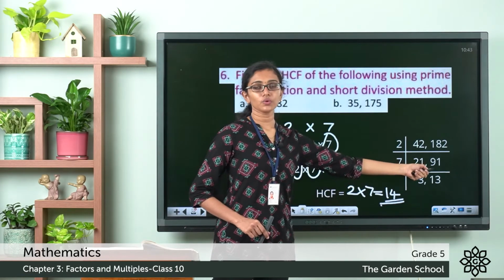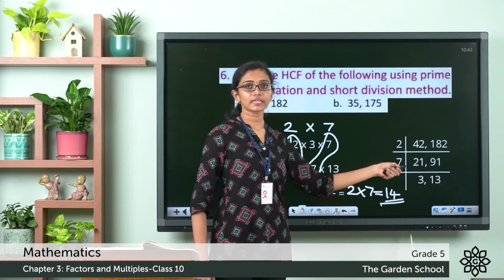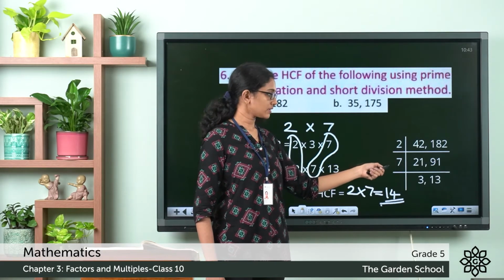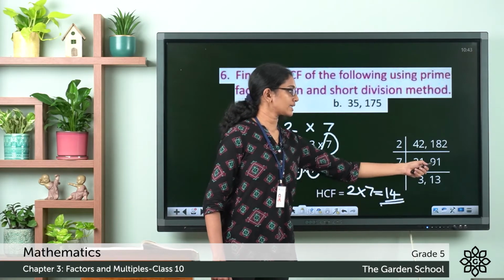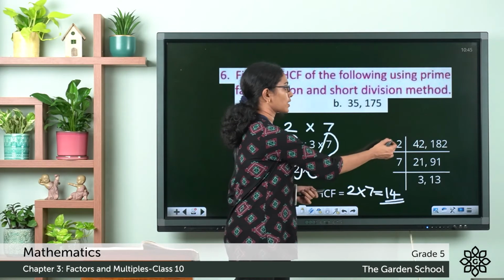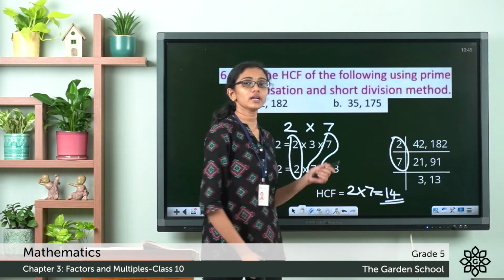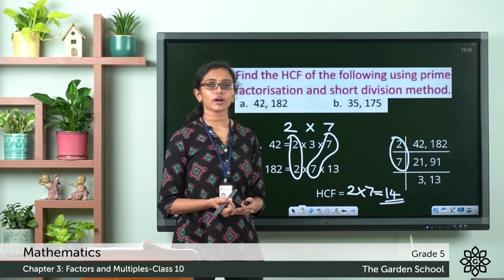Now we need to find the smallest possible common prime factor which can divide these two quotients. That is 7 here. So 21 divided by 7 equals 3 and 91 divided by 7 equals 13. And the HCF would be the product of these common prime factors, that is 2 into 7, which gives you the same product 14.